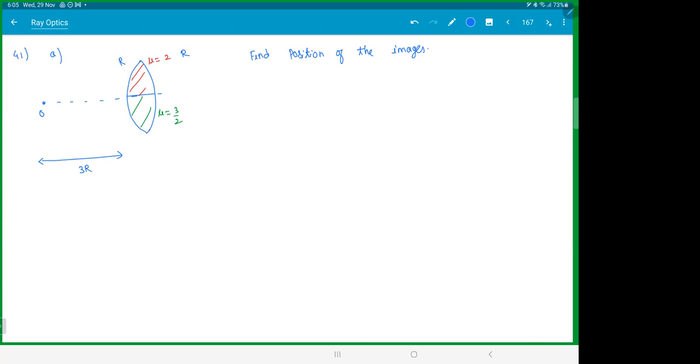What is the catch? Anyone? Do you remember in mirrors we did this thing? If you take a mirror and if you break a piece of it, what happens? It still behaves like a full mirror. So here also it is the same thing. Only the intensity will change. So here the logic is even a part of the lens behaves like a full lens. Only the intensity will change.